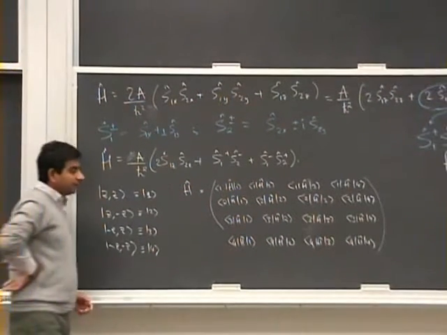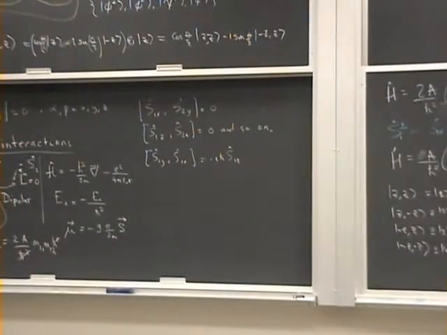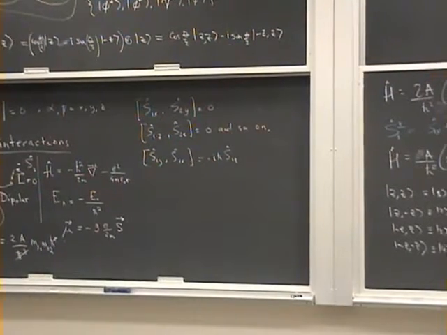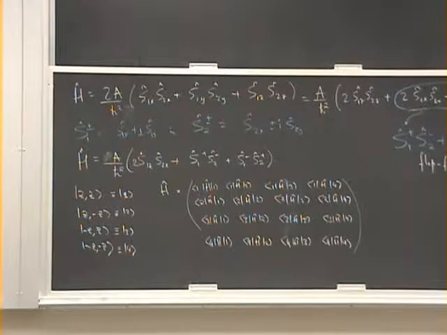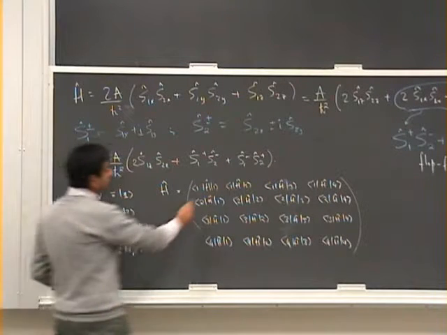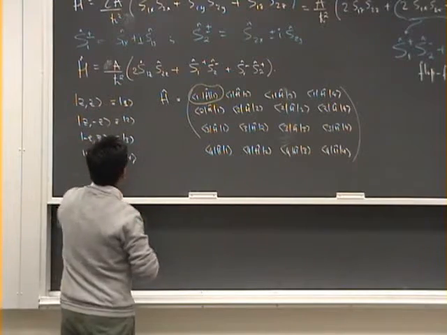So let's look at one of these elements, for example this element. This is our state ket 1.